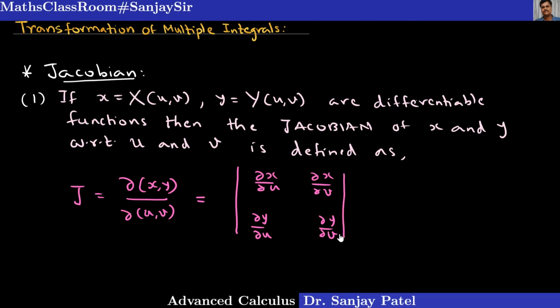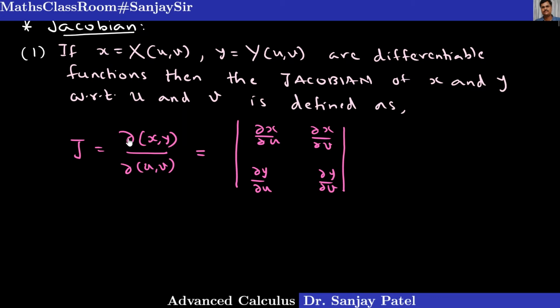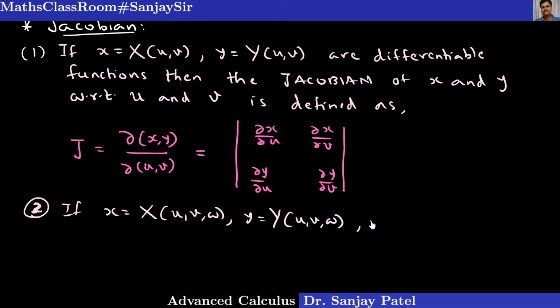In the same way I define the Jacobian for functions of three variables. If x is a function of u, v and w, y is also a function of u, v and w, and z is a function of u, v and w. Remember, these x, y and z are the names of these three functions, which are differentiable functions.